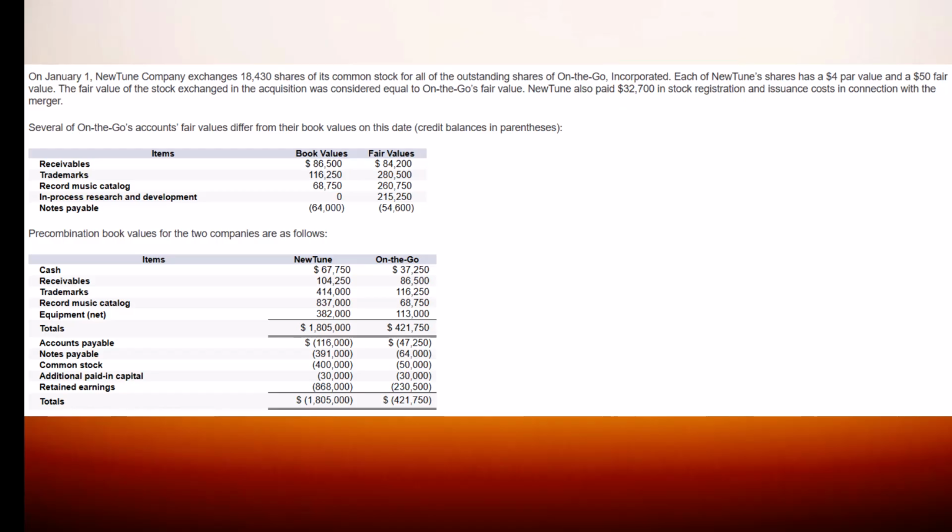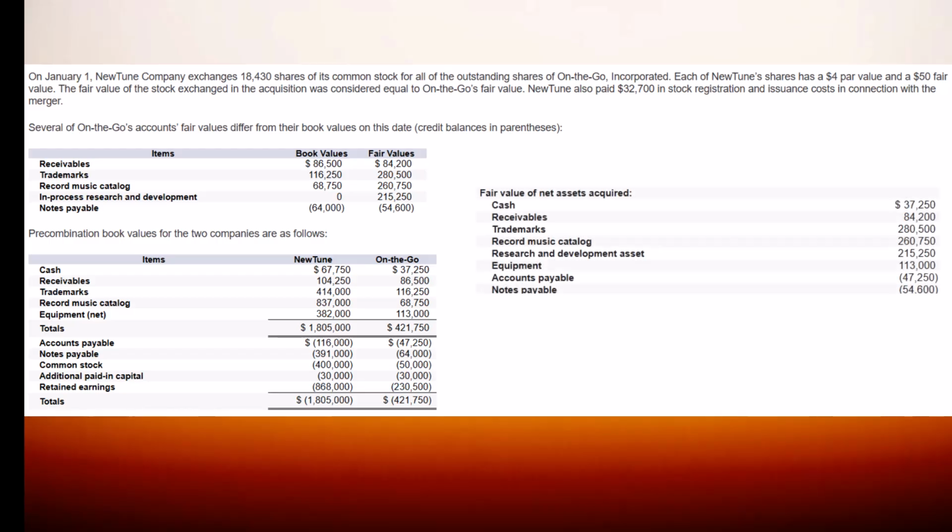Now we move to step 2, determining the fair value of the net assets we acquired. The rule is that we record the identifiable assets and liabilities of the acquired company On the Go at their fair values on the acquisition date, not their old book values. Here we have the list of On the Go's assets and liabilities at fair value.